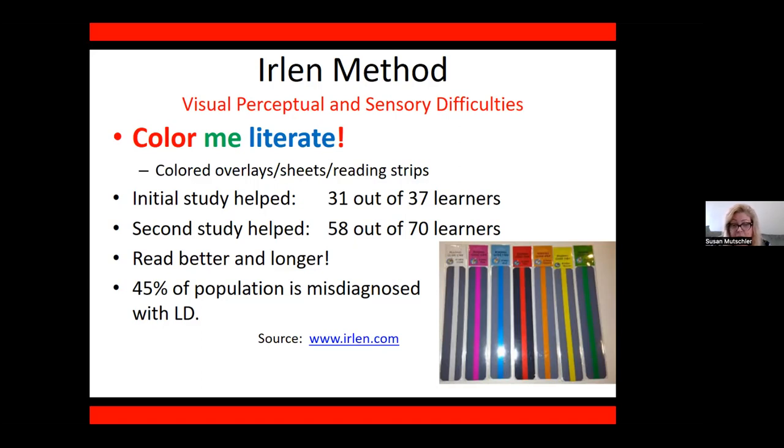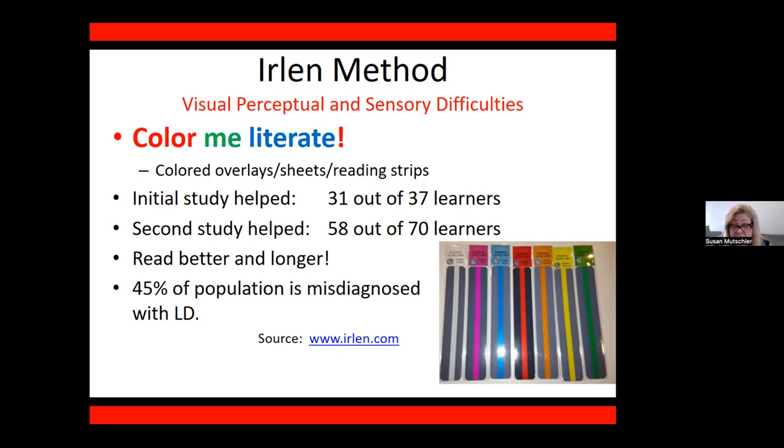Then we put the colored overlays over and see which ones you read best with. I don't know if it's a real science, but anytime I have an additional tool in the toolbox for the tutor, I like to have it. I know myself, I read best with the bright blue. I've seen a lot of people reading best with that bright yellow.